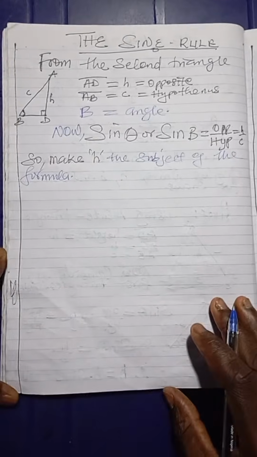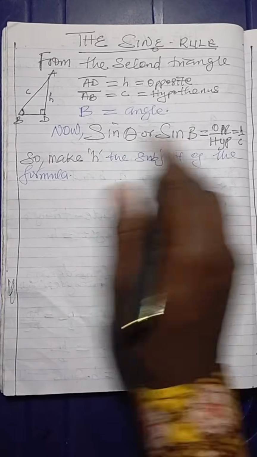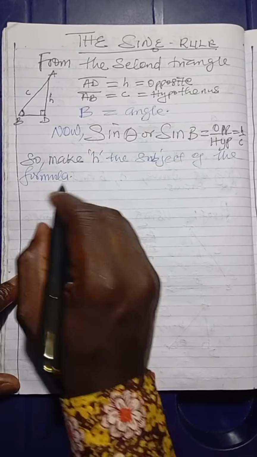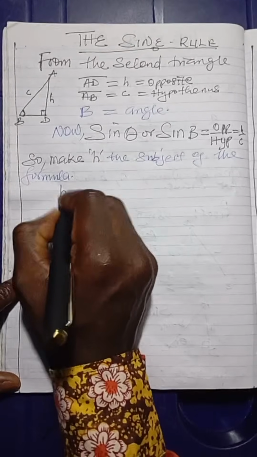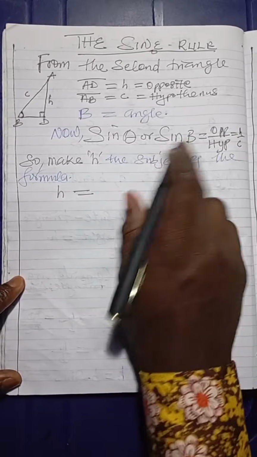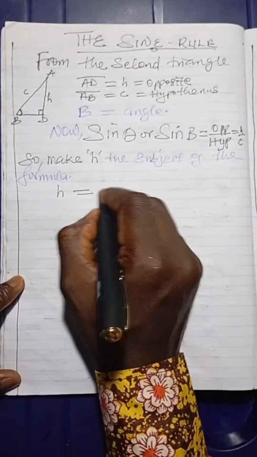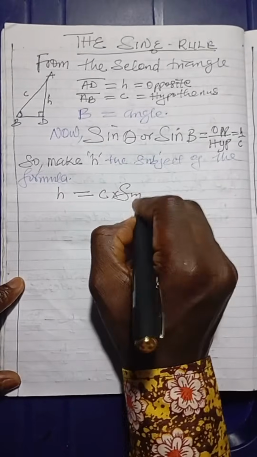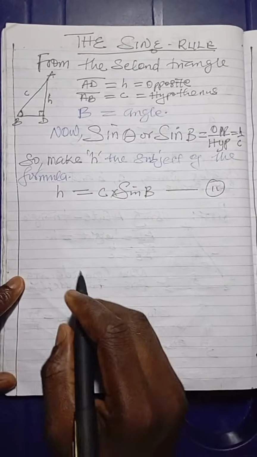All right. So I can have here H is equal to sine B, small c multiplied by sine big B. So this is our equation 2.